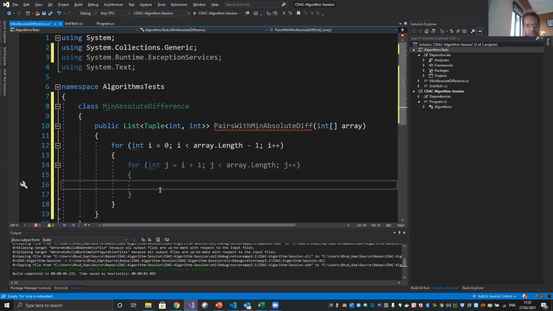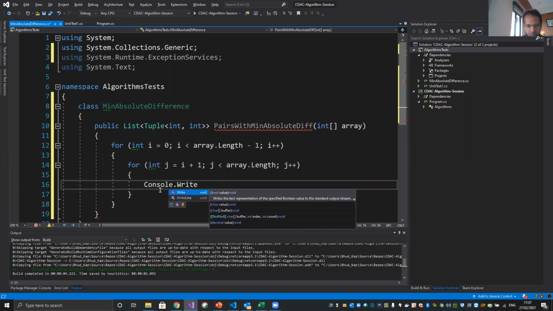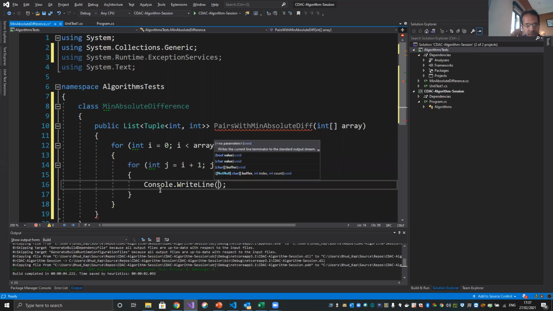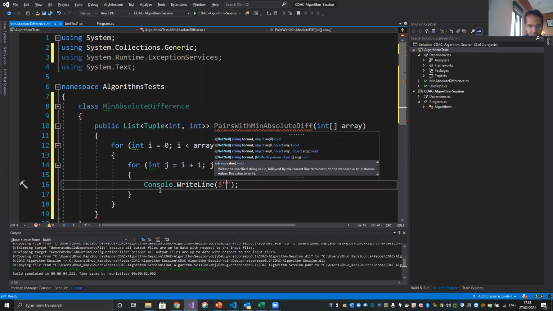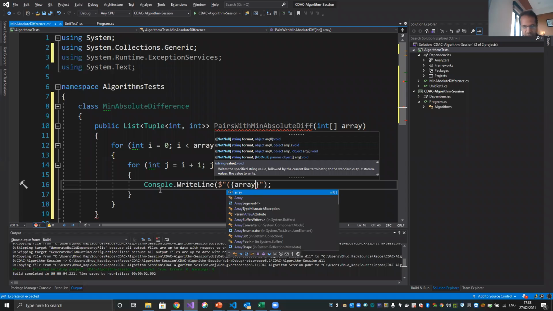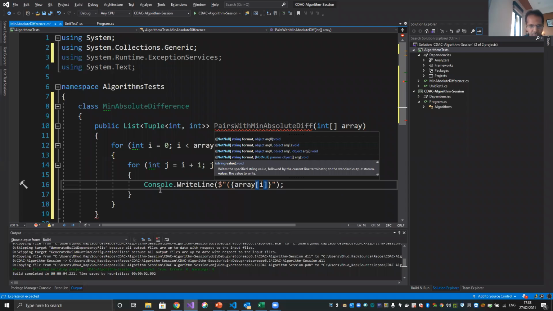And let's say this time I just want to quickly see what I'm generating. So I'm going to do a Console.WriteLine here, and we're going to write down the pairs. We want to write the pairs like this: array of i, array of j.